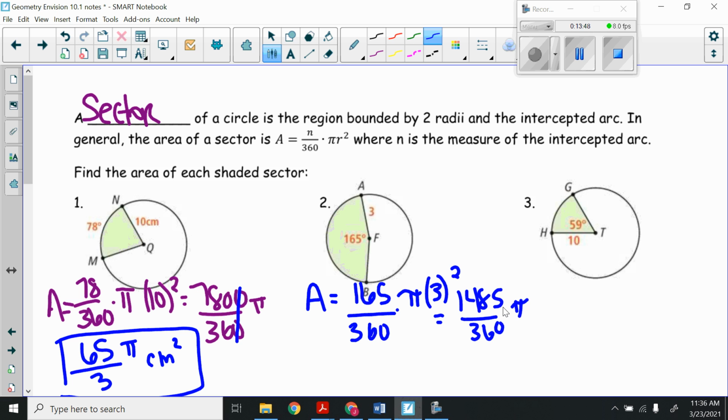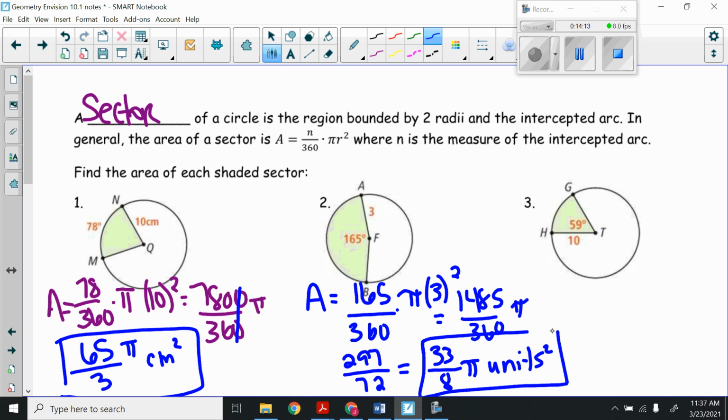So 1485 divided by 5 gets me 297. And then 360 divided by 5 gets us 72. We could keep going though. Those both have a 9 in common. So take a 9 out of everything and I get 33 over 8 pi. This time they didn't give me anything, so I'm just going to say square units.